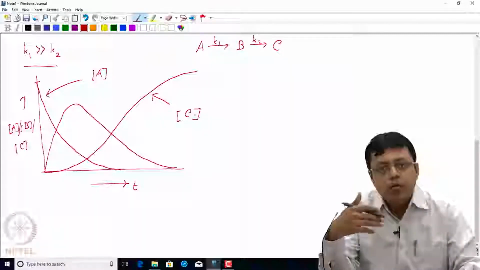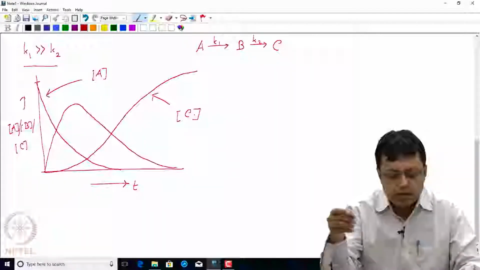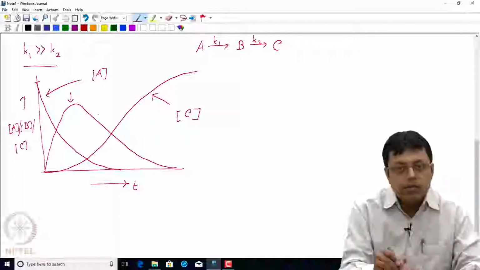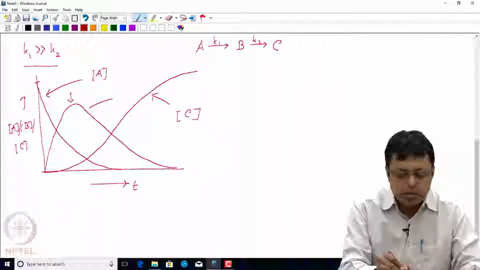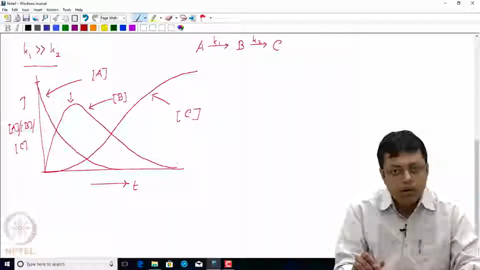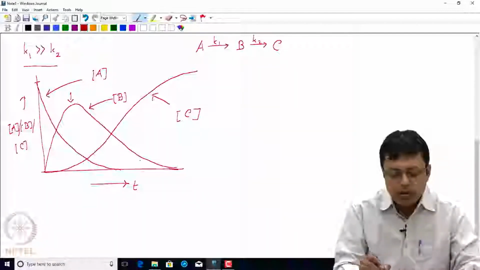So, we will have an accumulation of B in the reaction mixture, and this is what is happening. At this time you can see B reaches its maximum concentration, and then since it is also forming C, eventually it will form C and again become 0.